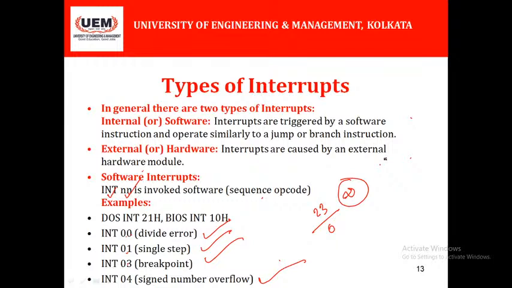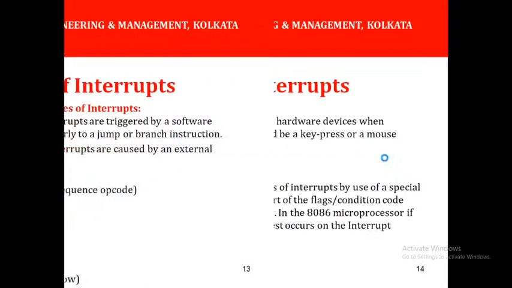We need to stop the program and restart the program once again. Signed number overflow occurs when we are adding two numbers and the summation is too large to accommodate in a register, or when we are subtracting signed numbers and the result is too small, a negative number too small to be accommodated in a register.